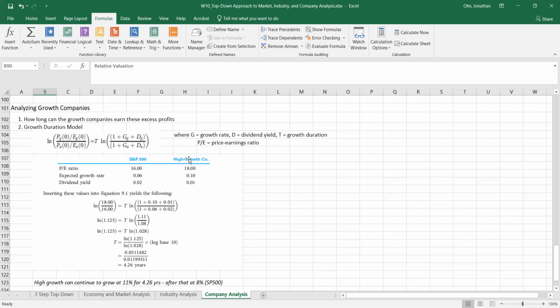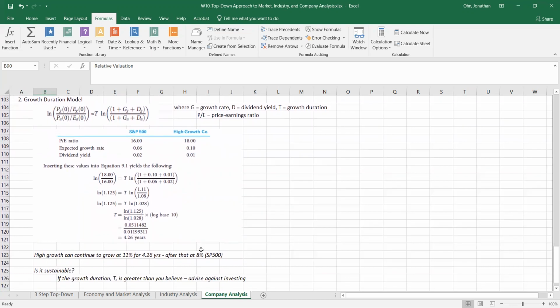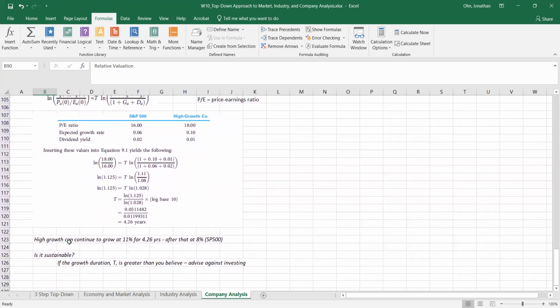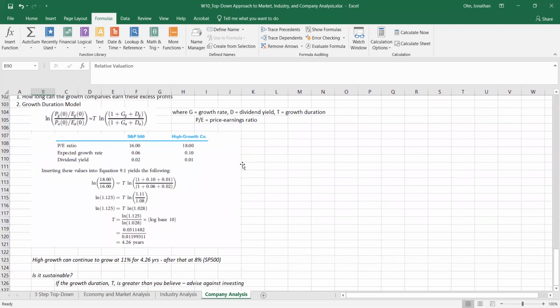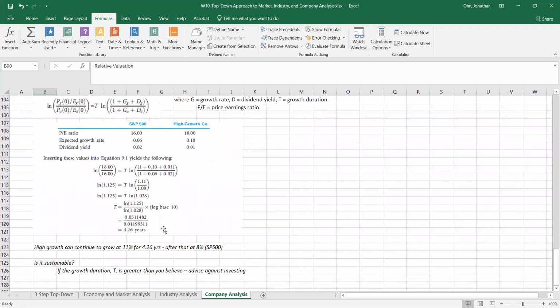The P/E ratio for the growth company is 18, and then 16 for the market. Then 10%, 0.10, and 6%, and then 1.0. If you do this calculation, you get T equal to 4.26 years, meaning, based on this model, this high growth may continue to grow at 10%, for 4.26 years.